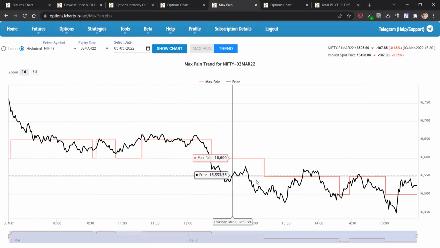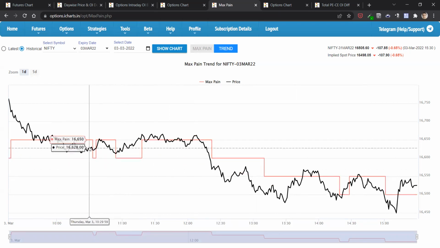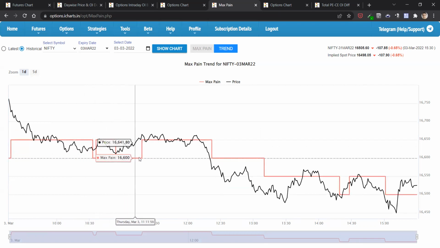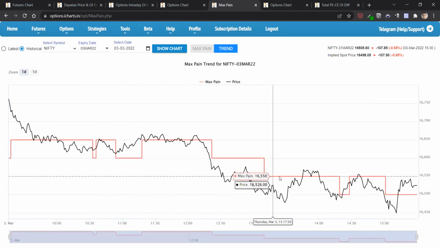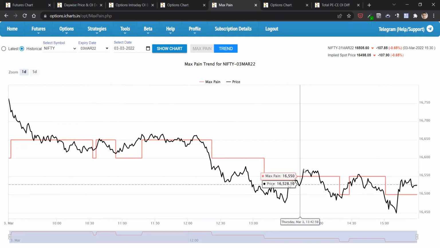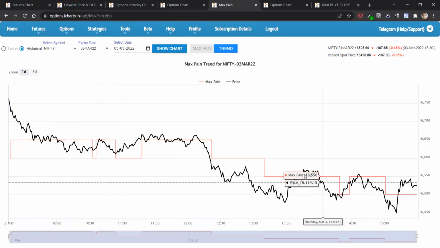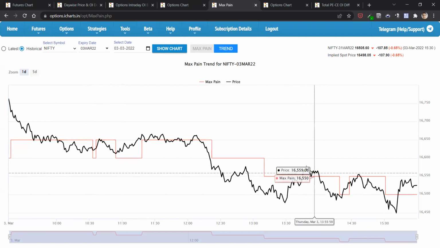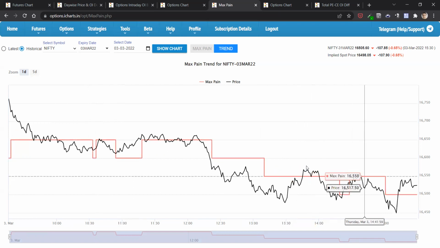Whichever side it is trending, even if it goes up and down a little bit, you are close to this level. So just stay with this level, should be fine. Around 100 points up and down around this level, if you sell options there, you can capture whatever decay is there in that option.